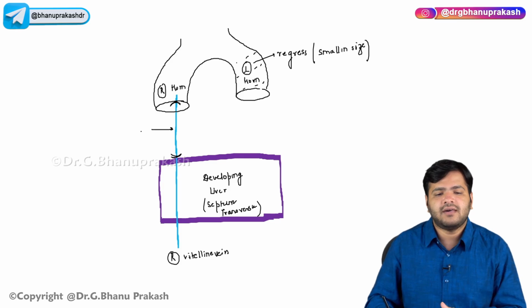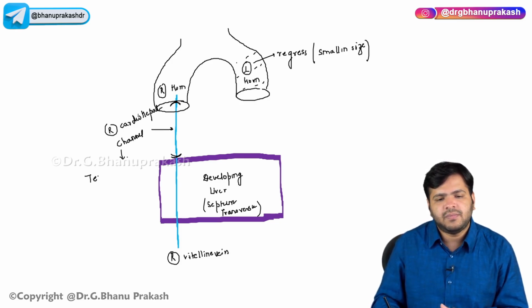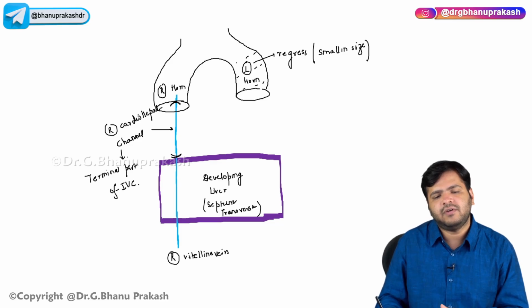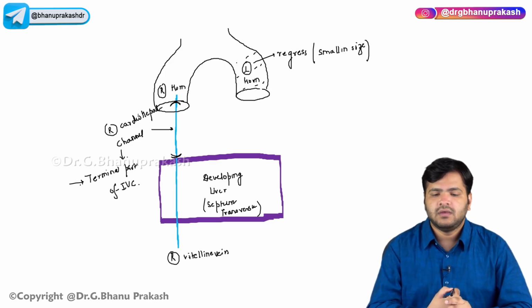So this is called the right cardiohepatic channel, which will form the terminal part of the inferior vena cava.